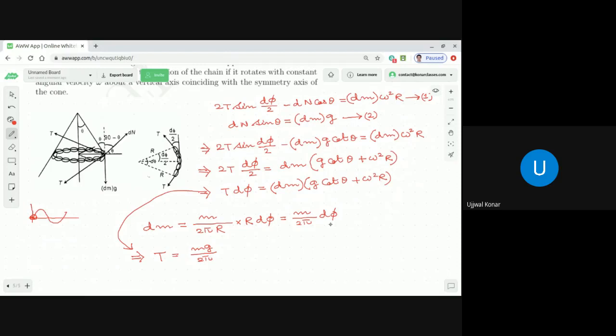So m into g we are taking out from here, and omega square into r by g. As we are taking one g out of g cot theta, omega square r we can divide by g. So we are going to get cot theta plus omega square into r by g. And this is the answer, I think, what you said, Pratik.